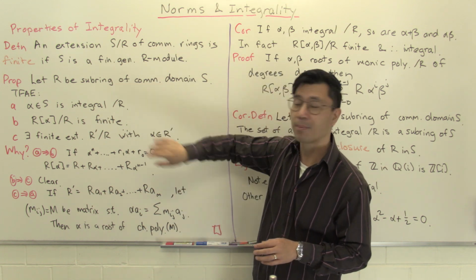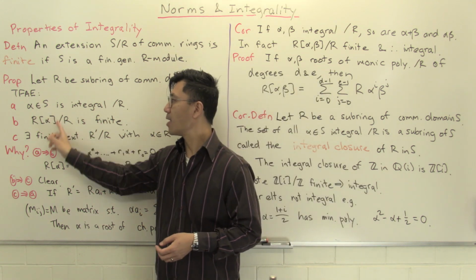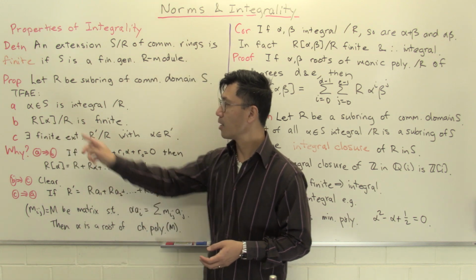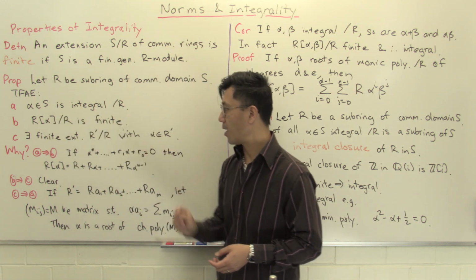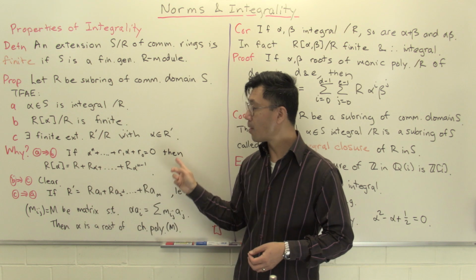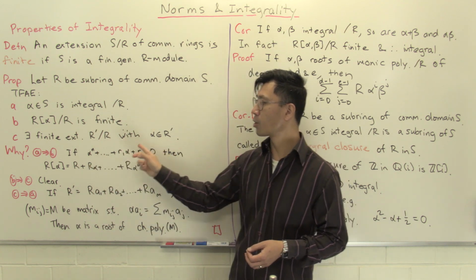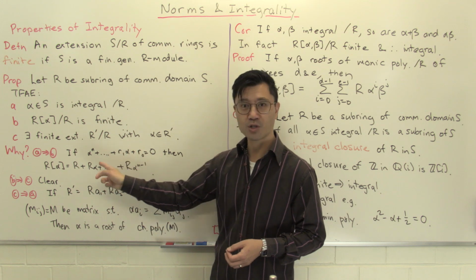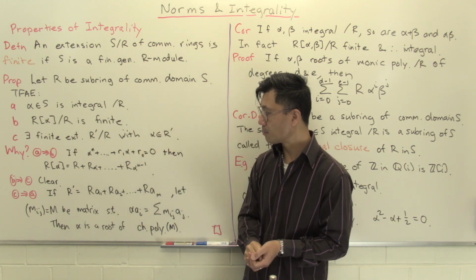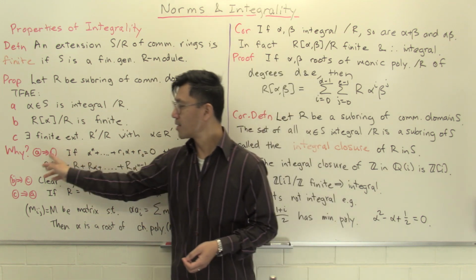So why does A imply B? We want to show that R[alpha] is a finitely generated R-module if alpha is integral over R. So alpha being integral over R means that it satisfies some monic polynomial, let's say this one here, with coefficients, these r_i's, inside R. So what is this subring here?